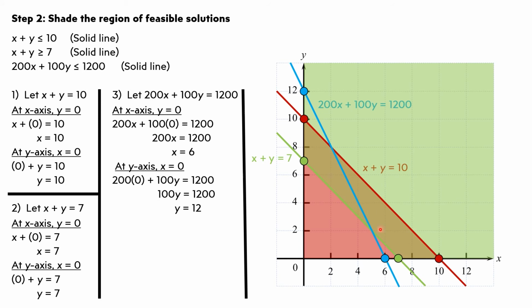This blue line is the equation 200x plus 100y equals 1200. Since this must be less than or equal to 1200, we're going to shade the region below the blue line. So here is the shaded region.